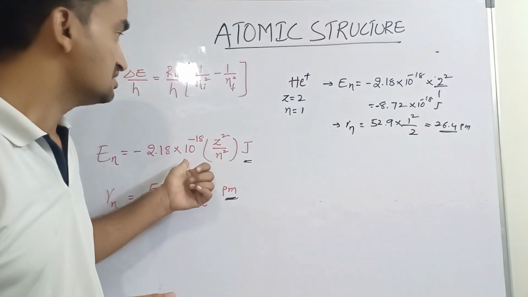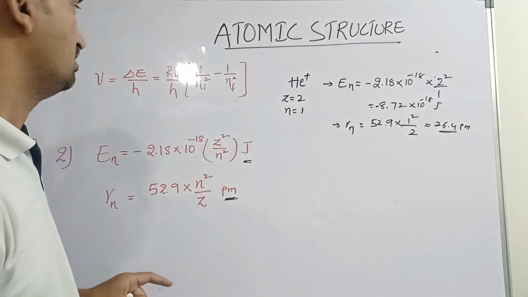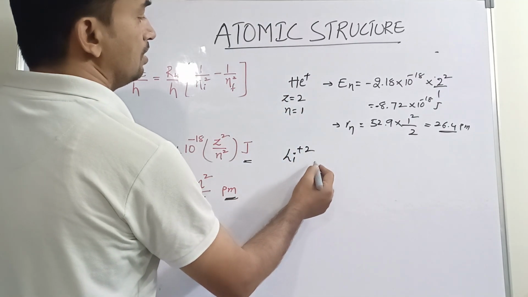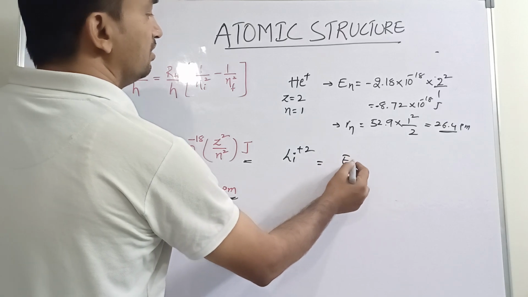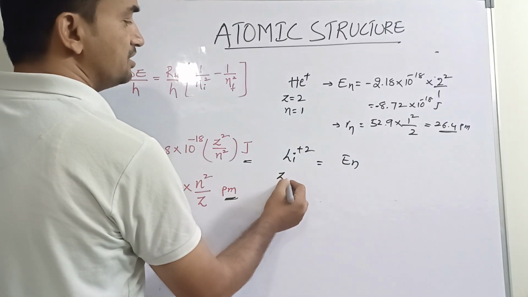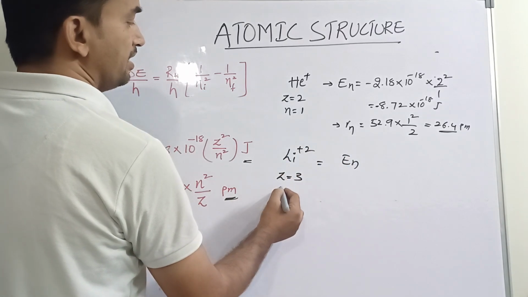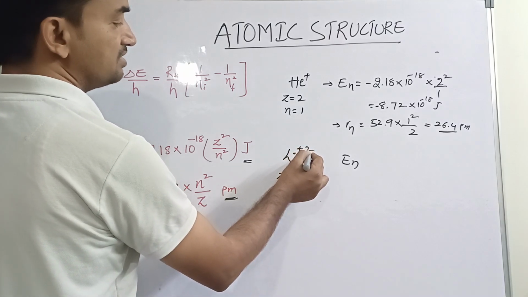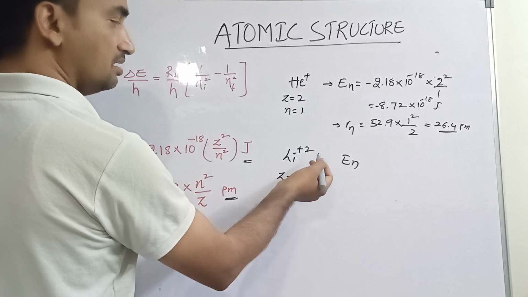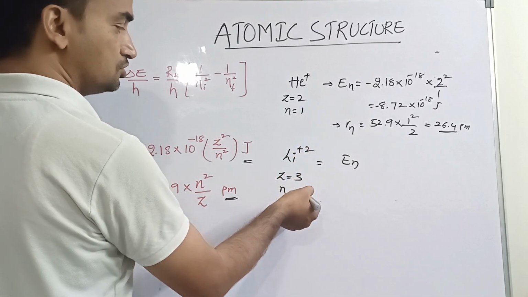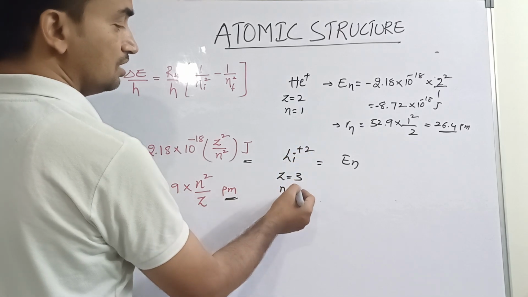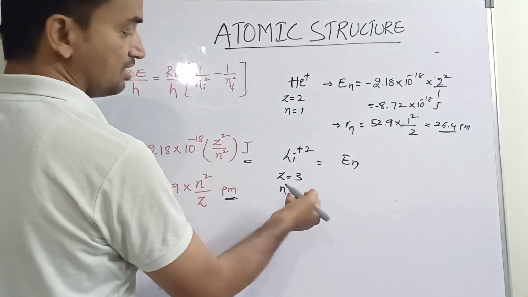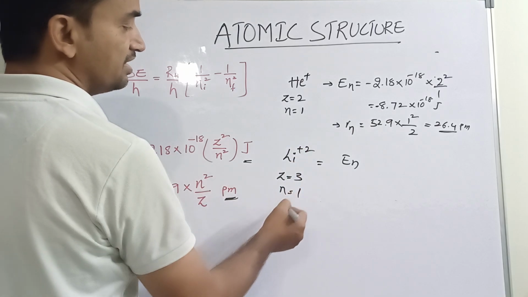So here we have calculated the helium plus ion. Now for lithium plus 2 ion, here En, for lithium Z equals atomic number is 3, and it is plus 2. Suppose if it is plus 1, what happens? Here if it is lithium, N equals 2 will be there, but here it is plus 2, so only one electron will be in the first orbit. So here N equals 1.